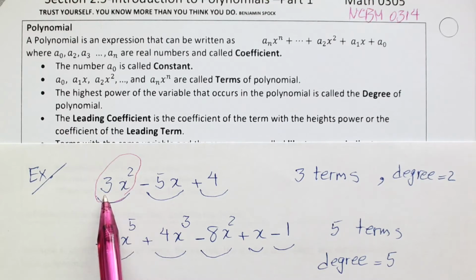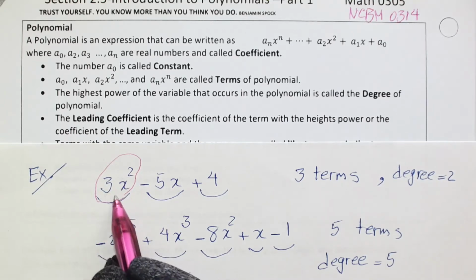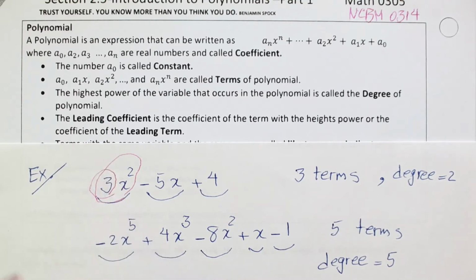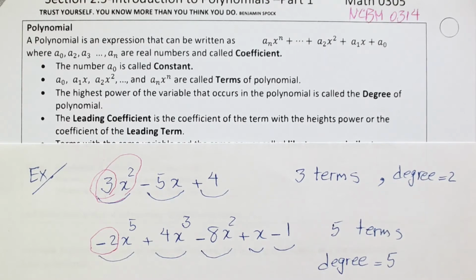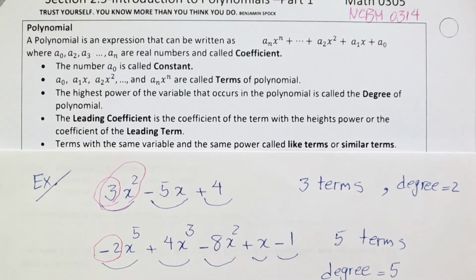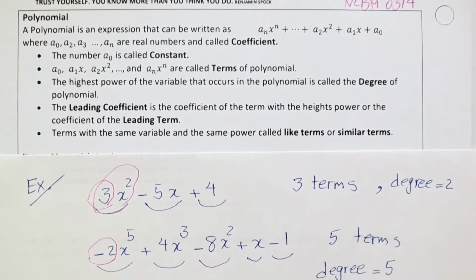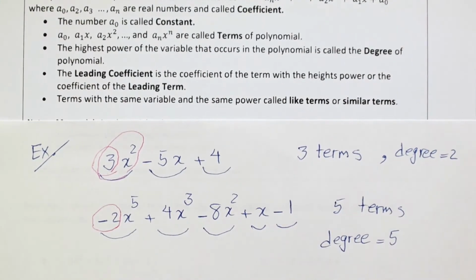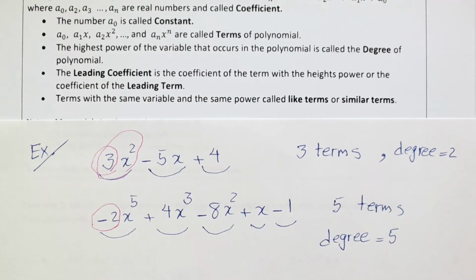Now the coefficient of that term we call the leading coefficient. In this example, 3 is the leading coefficient. In the second example, negative 2 is the leading coefficient. So the leading coefficient is the coefficient of the term with the highest power of x or the variable.